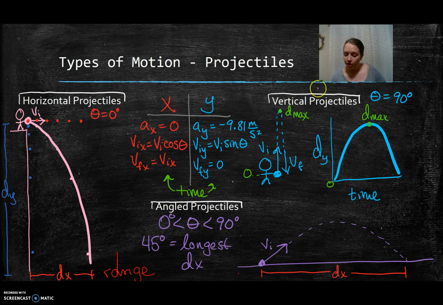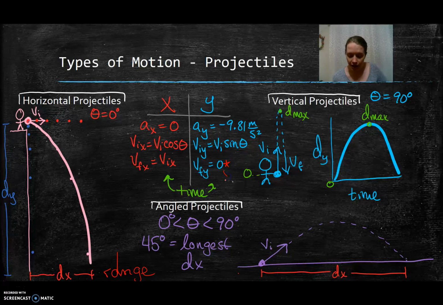There's another type of projectile called a vertical projectile, which is just your straight up and down, like spud game, throwing something in the air. So it starts off initially just after it leaves your hand with some initial velocity. It reaches a max height, d max or dy max, and then falls down. At that max height, Vf is 0.